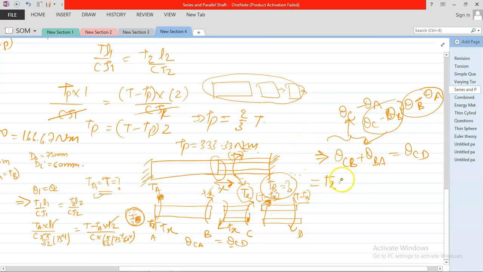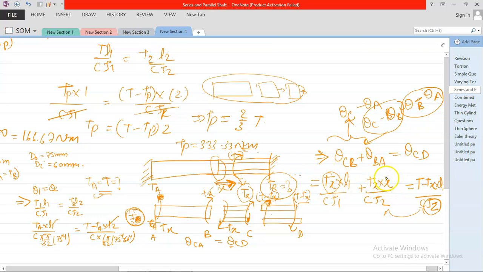Now theta CB is Tx L1 upon CJ1 plus theta BA would be the same Tx, but here it is x upon CJ2, and here it is T minus Tx into L1 upon CJ2.